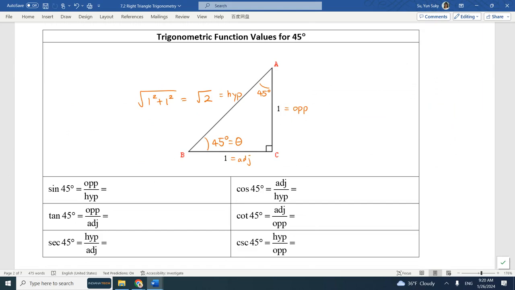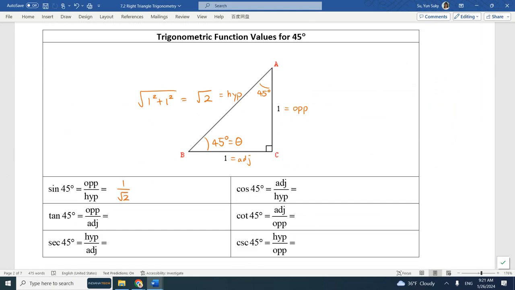Okay, so sine is opposite over hypotenuse. What's opposite? 1. Hypotenuse? Square root of 2, right? So we have 1 over square root of 2.